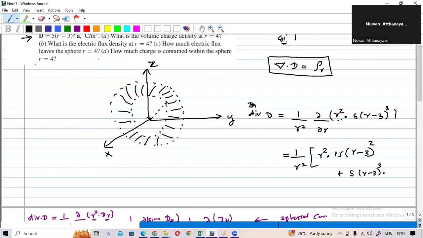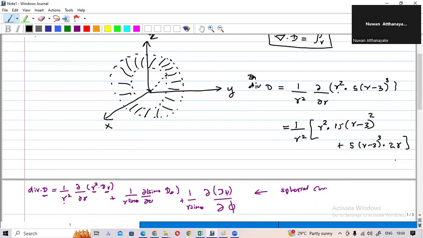Then you will have again this one, that is 2r. So you can further simplify this divergence.